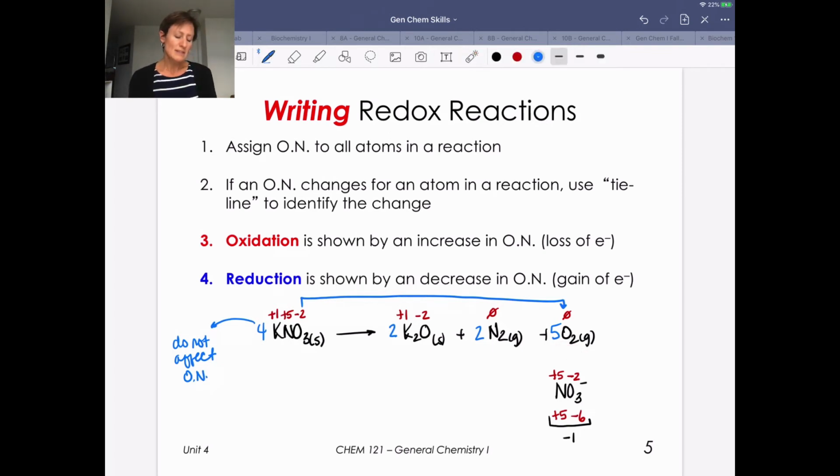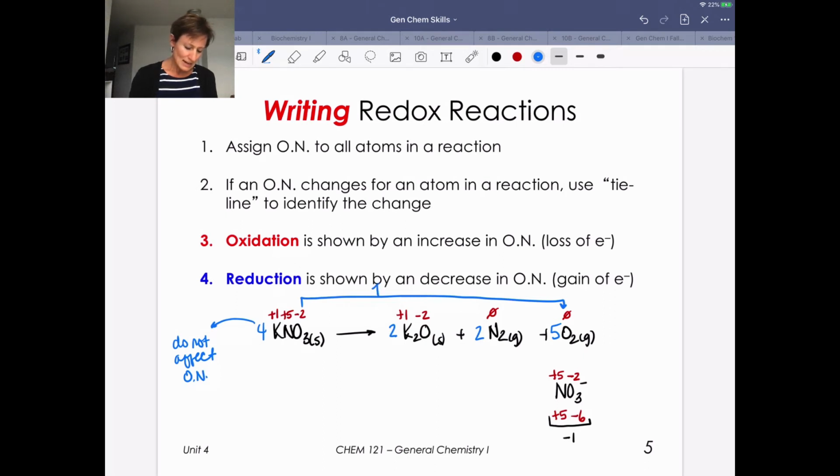Okay? So one of the things we want to realize here is as we go from -2 to 0, that's losing electrons. And I know it's a little bit weird to think of going from negative to 0 meaning you're losing things, but we've lost negative things, okay?